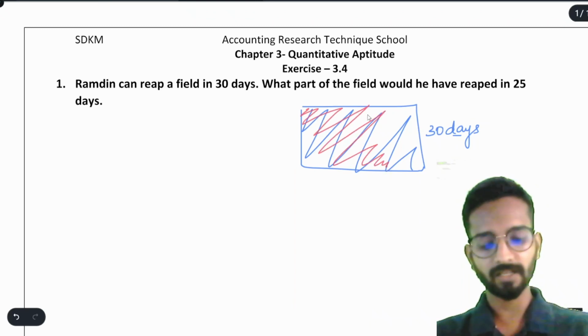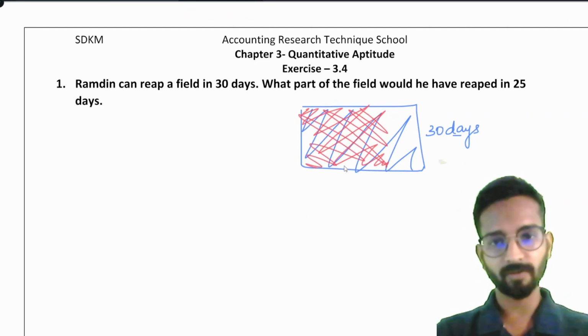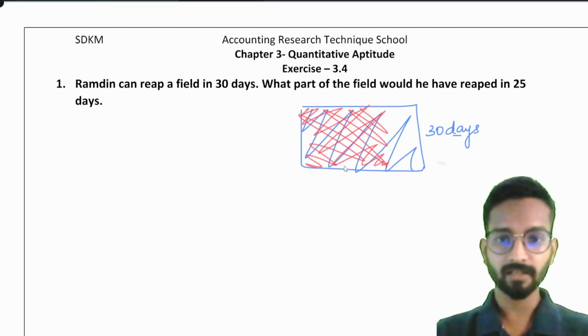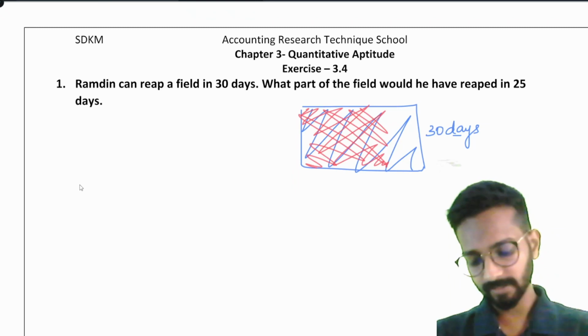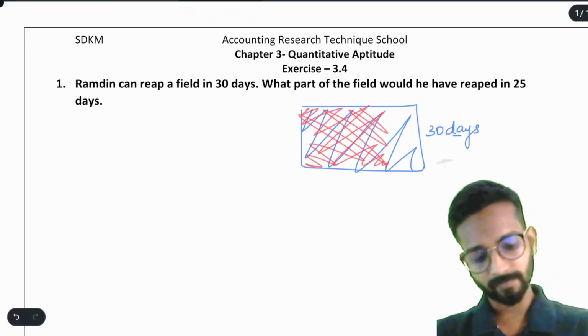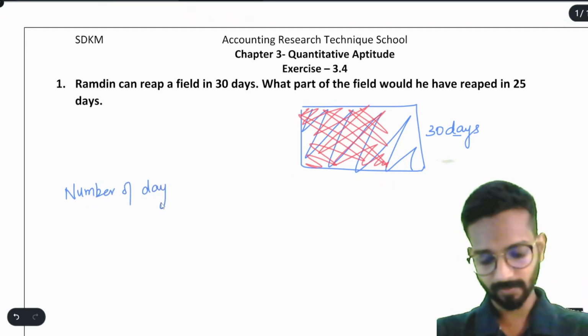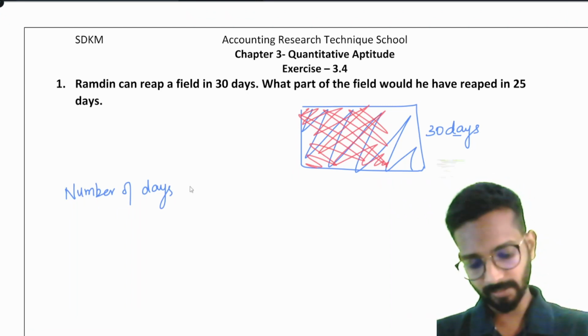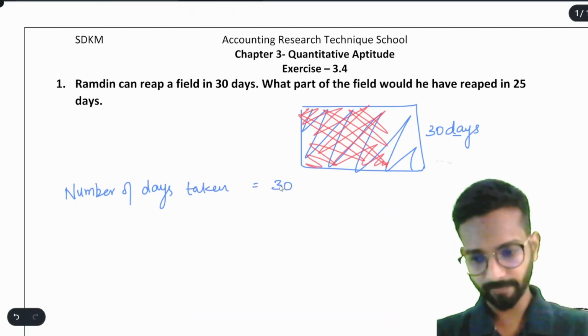We know definitely that in 25 days obviously less part of the land will be reaped. You cannot reap the entire field, because the entire field Ramadeen can reap in 30 days. So I will write here, number of days taken is 30.